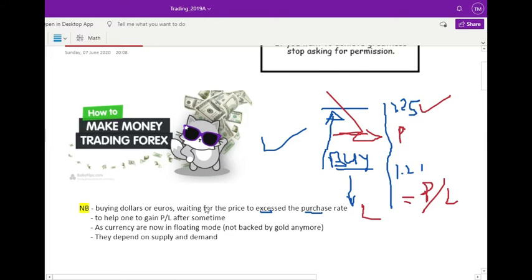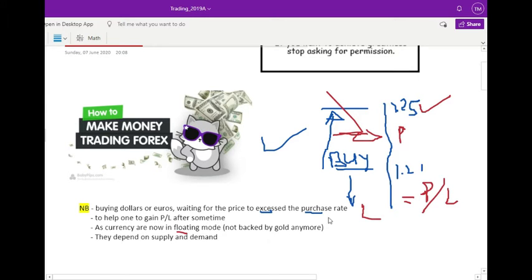As currencies are now in floating mode, in the history of money we know that money is no longer backed by gold anymore. This floating mode creates the volatility of prices of currencies.